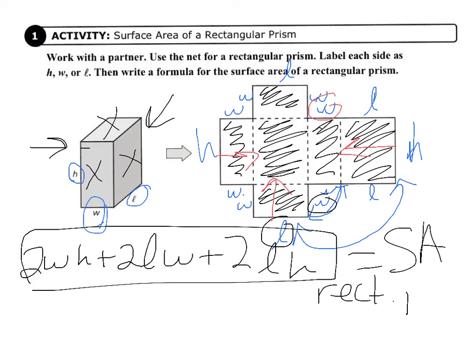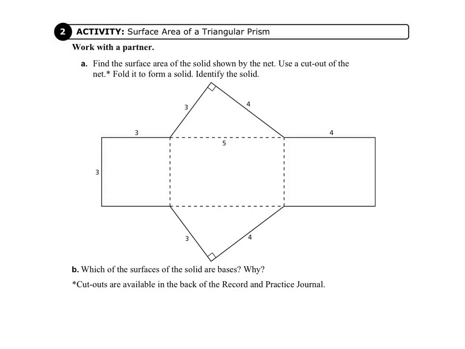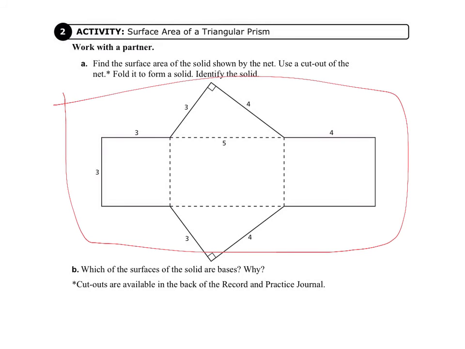And we have to specify because not all prisms are rectangular. The next activity we'll be doing in class. However, I want you to get started on it at home. So I have given you a net with this on it, and I want you to follow this second sentence and third sentence of directions, where it says use a cutout of the net and fold it to form a solid.